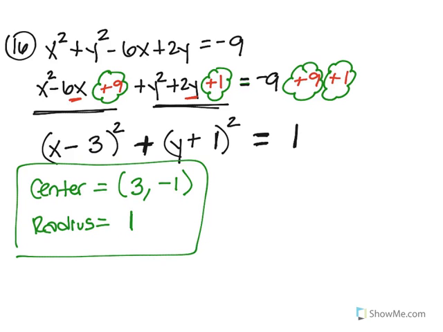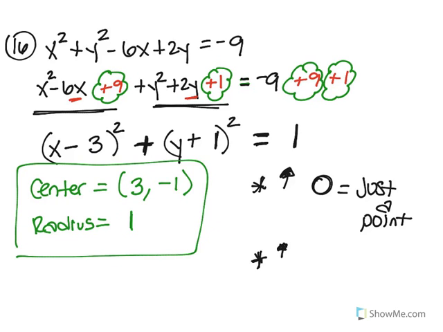Now keep in mind, if this last number was 0, then your answer would be just a what? Point. All right? If that last number would have been -4 or any negative, -1, then your answer is not a circle, but it's non-existent, okay?